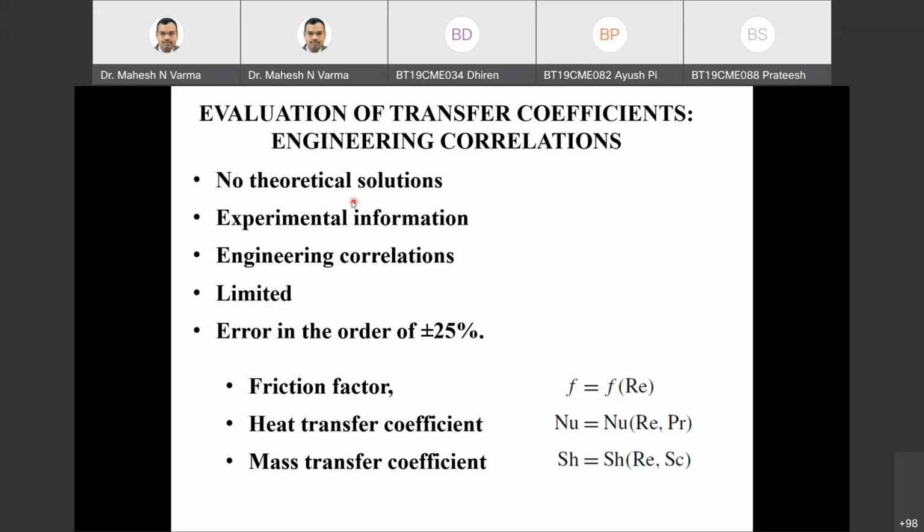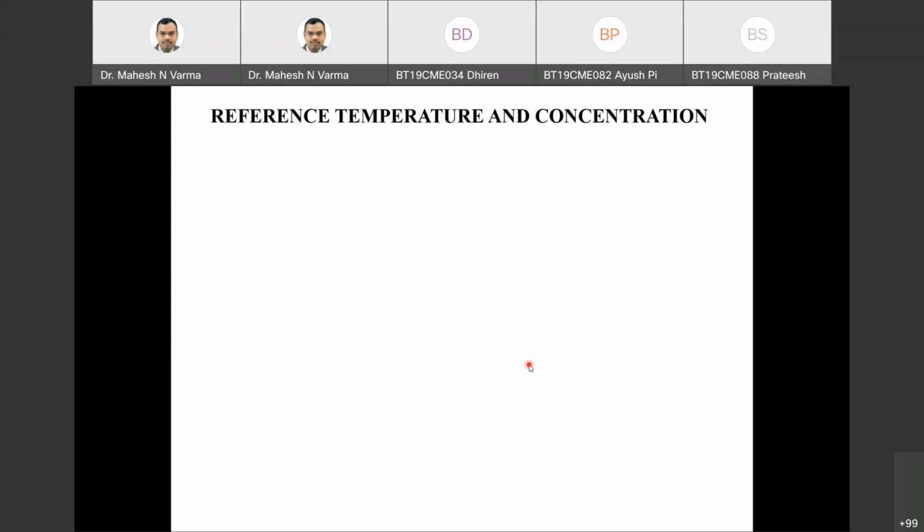Most of the equations will not have any theoretical solution. All experimental observations are put into the equation, hence it is called an engineering correlation because of the involvement of some engineering in it, and these are limited. This limitation comes from the experimental limitation, with an error of the order of 25%. We have already discussed this in the last class.